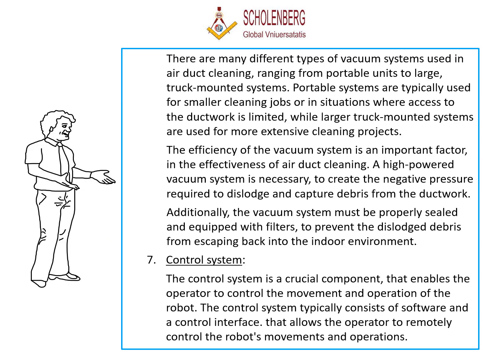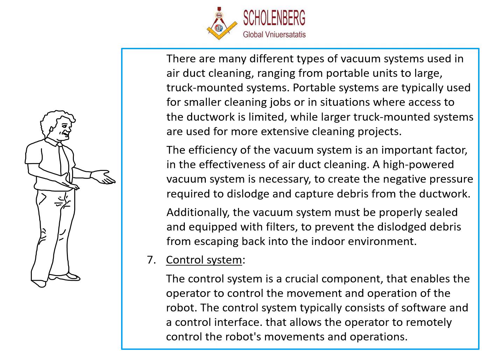There are many different types of vacuum systems used in air duct cleaning, ranging from portable units to large, truck-mounted systems. Portable systems are typically used for smaller cleaning jobs or in situations where access to the ductwork is limited, while larger truck-mounted systems are used for more extensive cleaning projects.